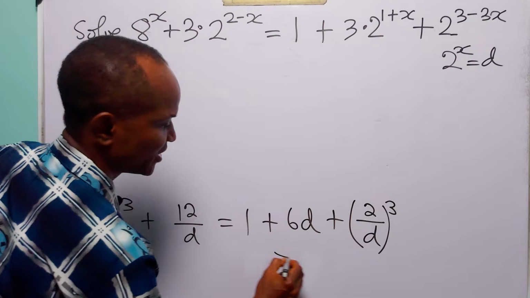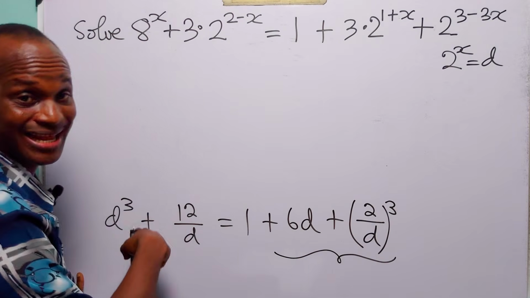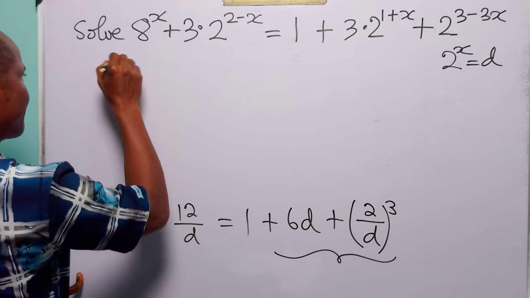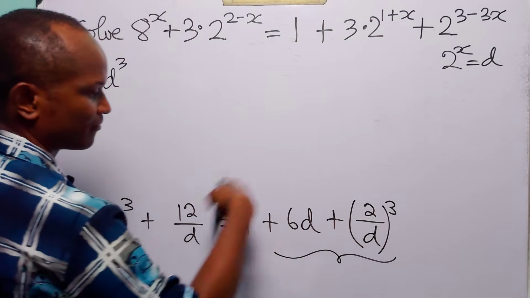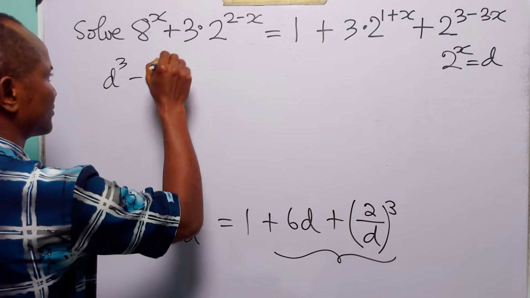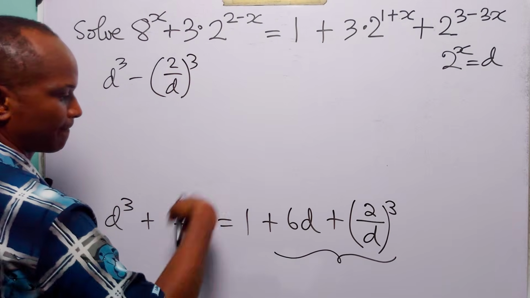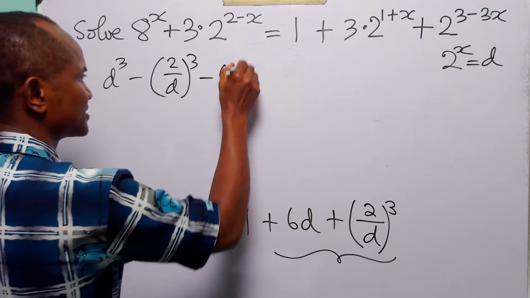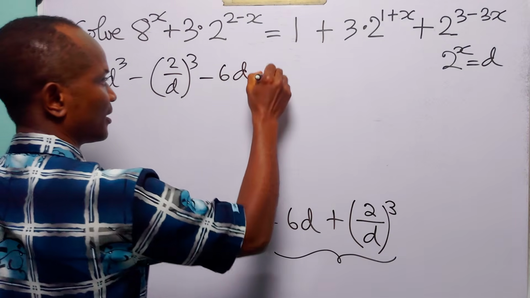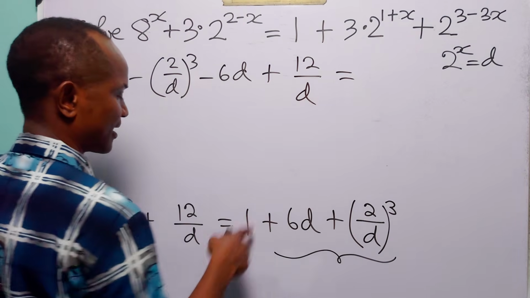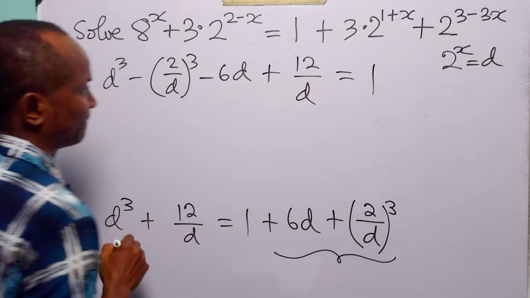And now let us move these two terms over to the left-hand side. We have d cubed minus 2 over d cubed minus 6d plus 12 over d is equal to 1.